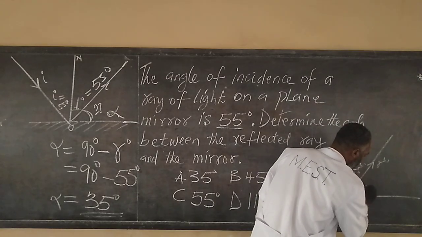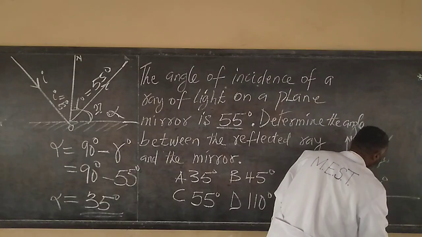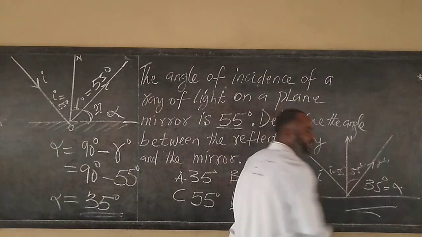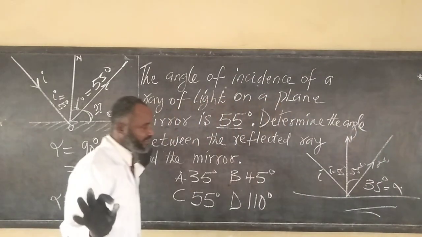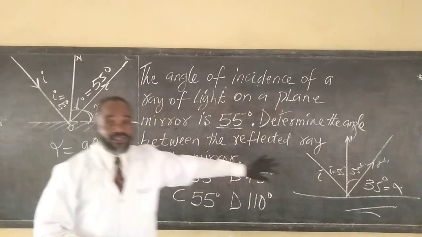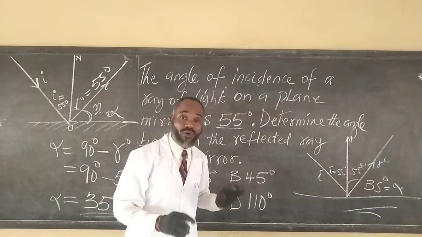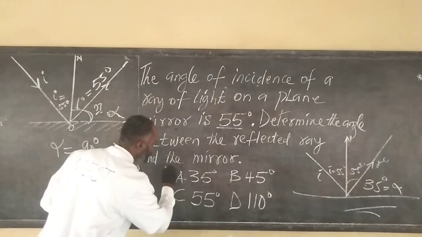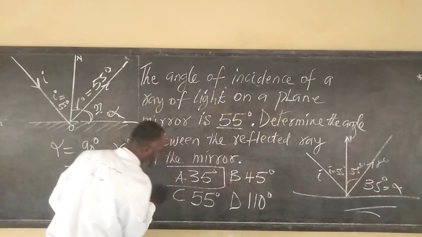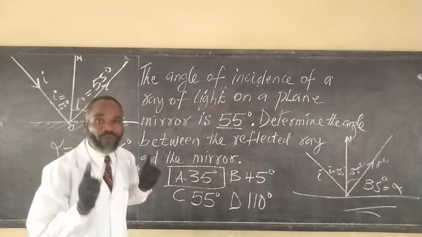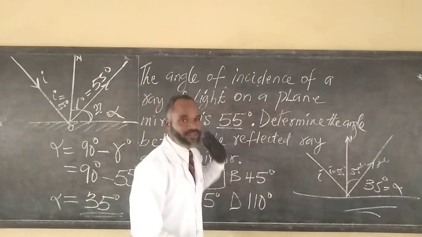It means this angle now becomes 35 degrees, and that is alpha. That's what they're trying to say. With this, the examiner will know you actually know what you're doing. And the most appropriate option is this. Option A is the correct option to this question.